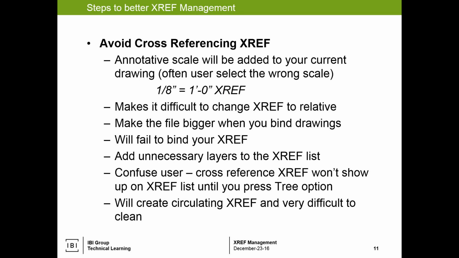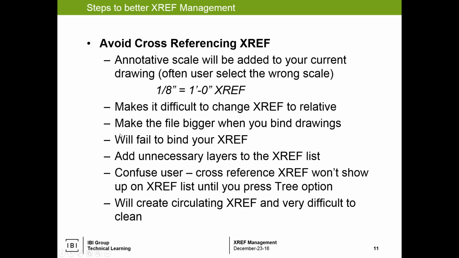Let's say you have a lot of cross-referencing and an XREF to itself. If one path is different from another, AutoCAD will not pick up which one is the correct path, so it's always going to give you a question mark. The user then has to go inside and change it manually, and it's very, very difficult.